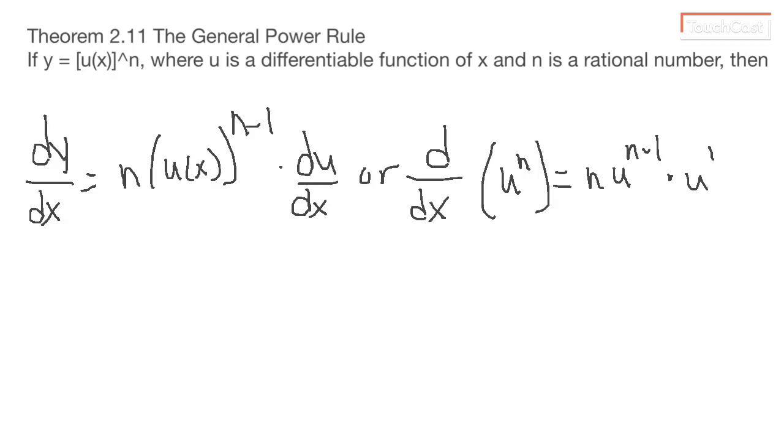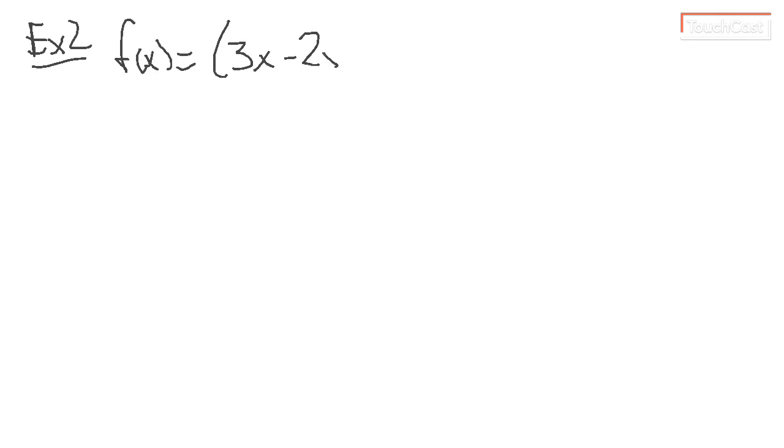Let's check out an example of this. So we'll call this example 2. We're going to have the function f of x is equal to the quantity 3x minus 2x squared cubed.